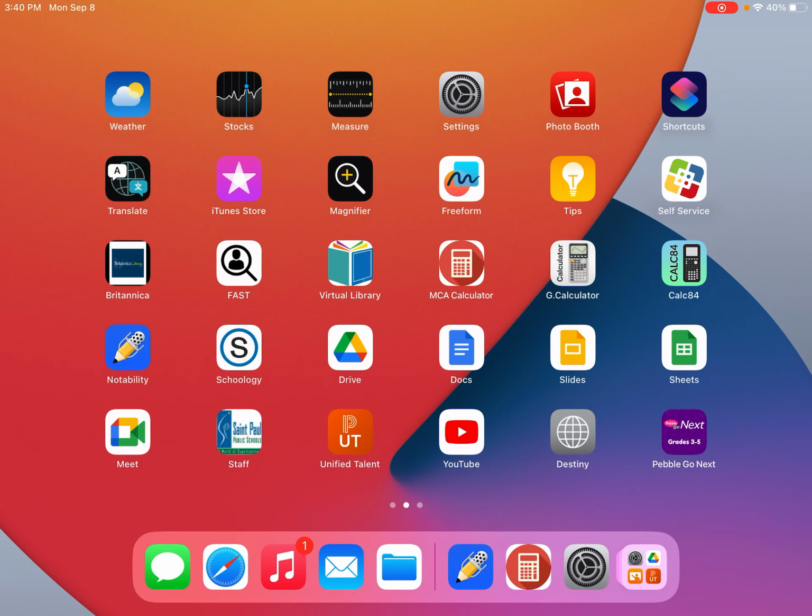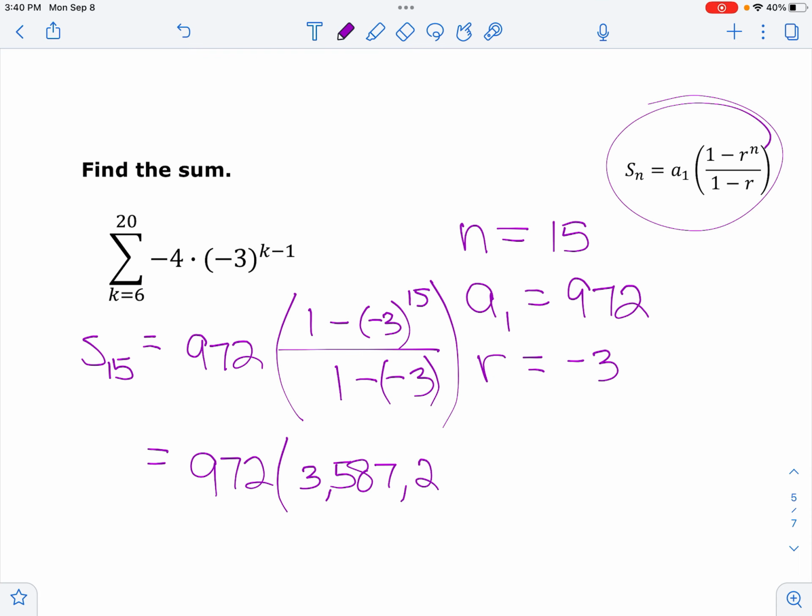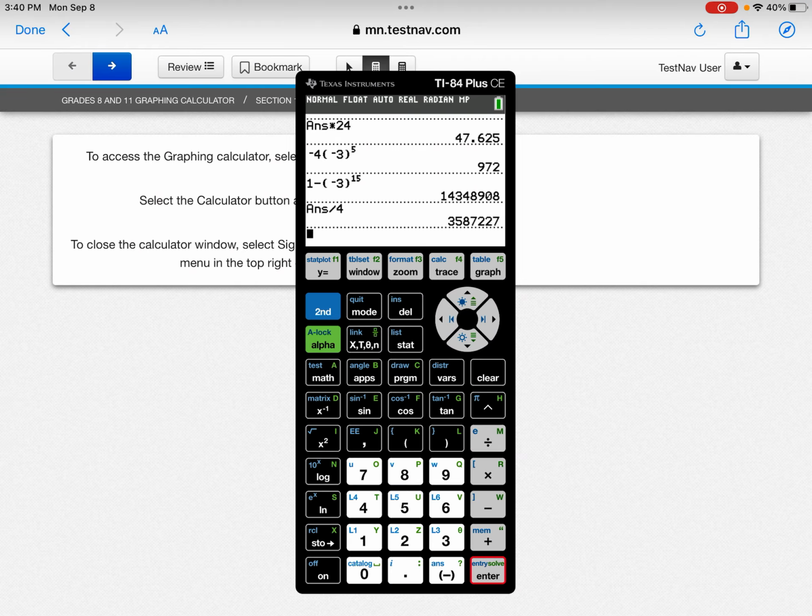Okay, cool. Now I need to take that and multiply by 972. Woo! Big number, right? So that's 3 billion.